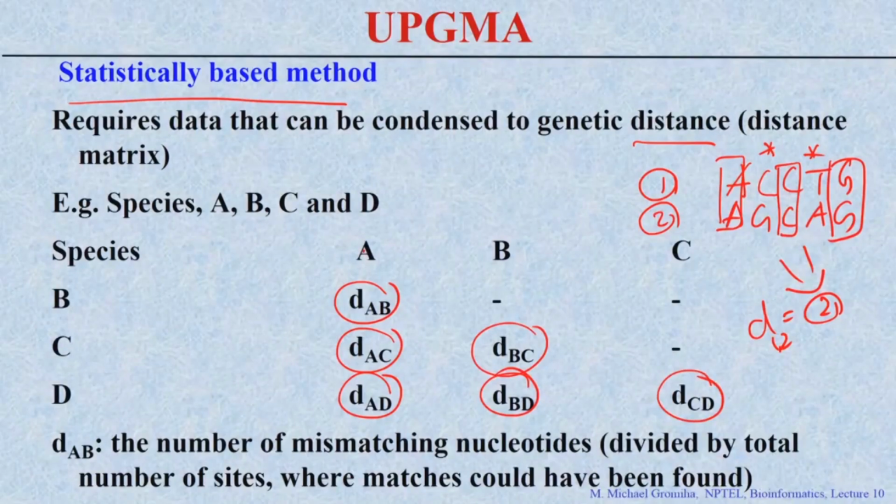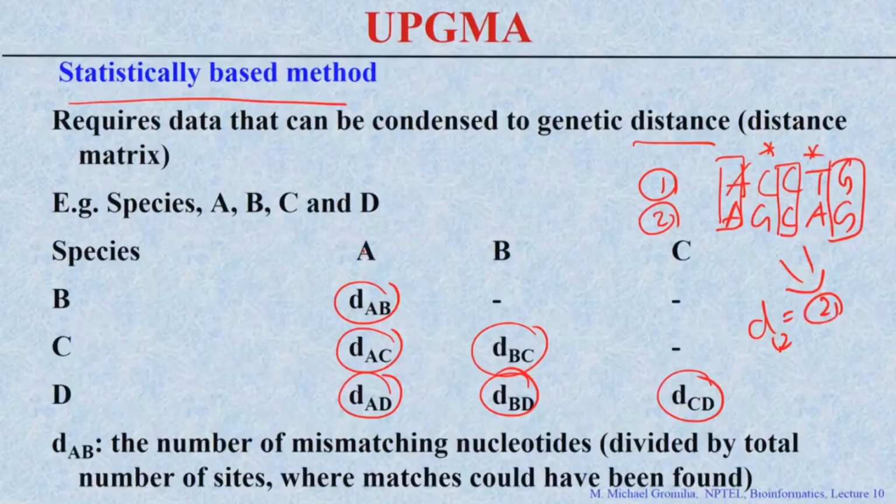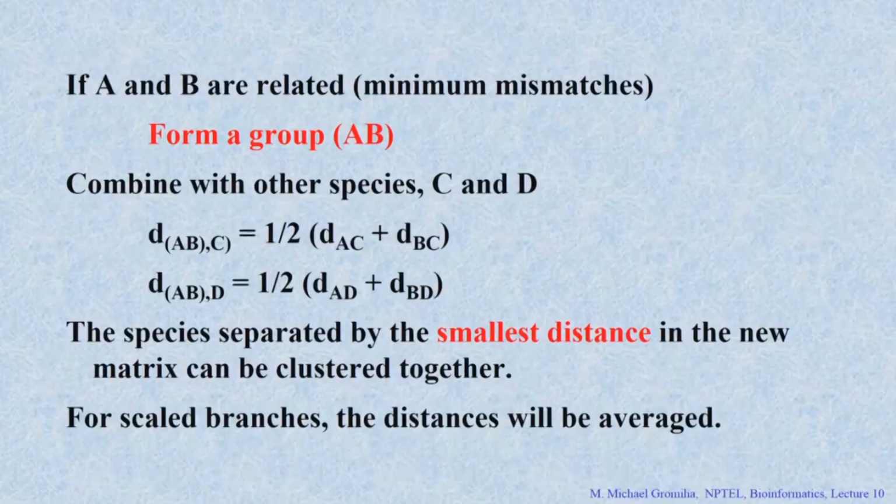Among all the possibilities you can get the number of mismatching sites, and from this you see which two are closest to each other: the pair with the smallest number of mismatches. For example, if A and B are the closest, then they are very close and have similarities, and you can combine this group with C and D. They use this equation to combine AB with C: take AC plus BC divided by 2, because C is common.